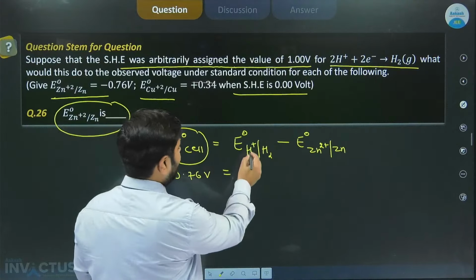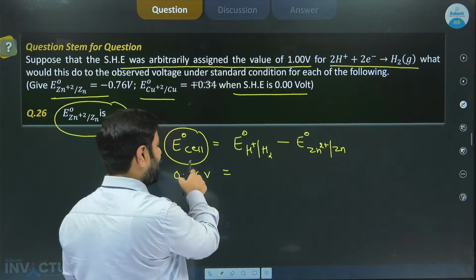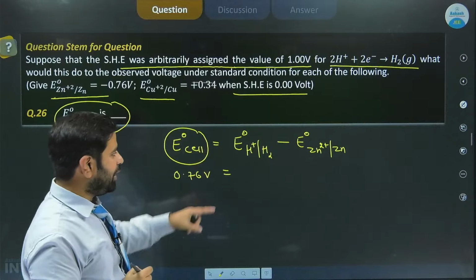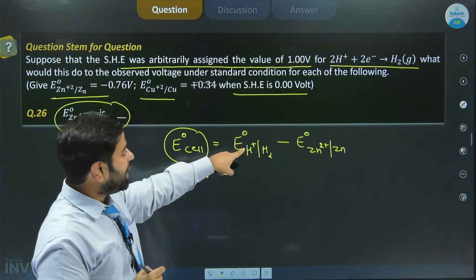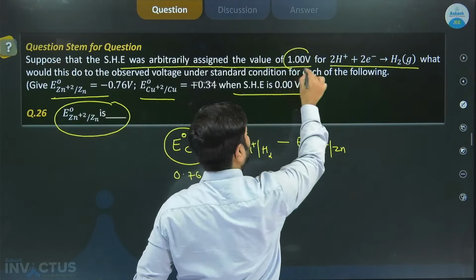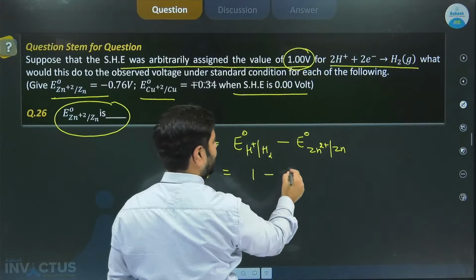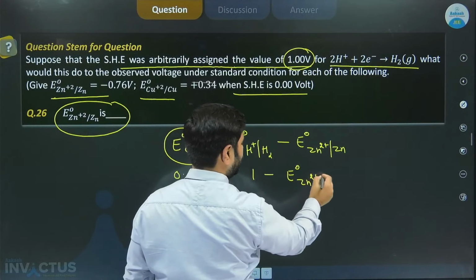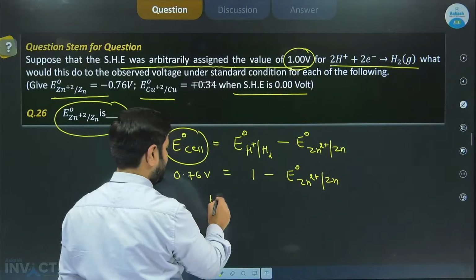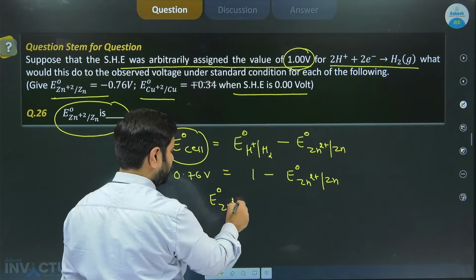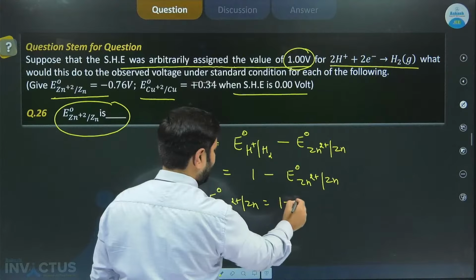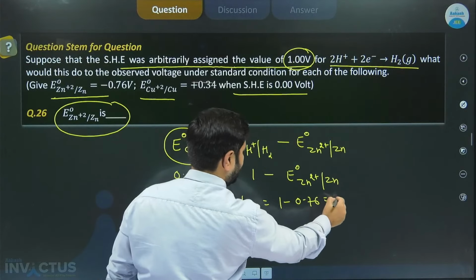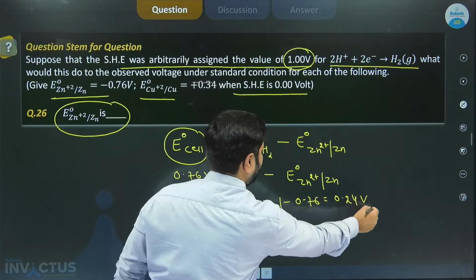So it would be 0.76, that is the experimental value, and for E0 of the hydrogen electrode we have to take 1 volt. So 0.76 equals 1 minus E0 Zn2+/Zn, and E0 Zn2+/Zn would be equal to 1 minus 0.76, that will be equal to 0.24 volt.